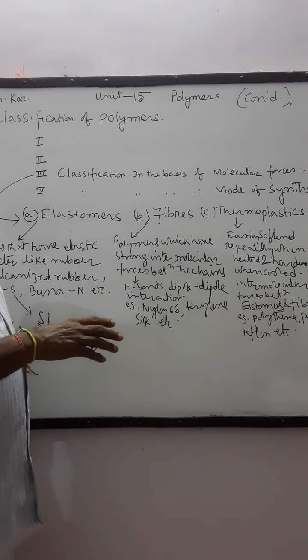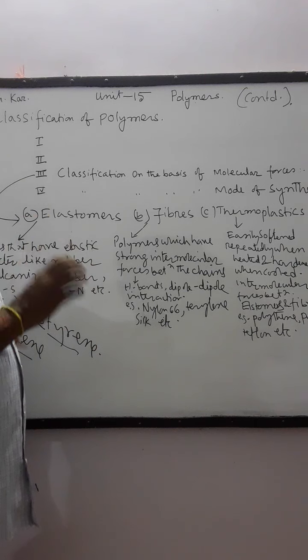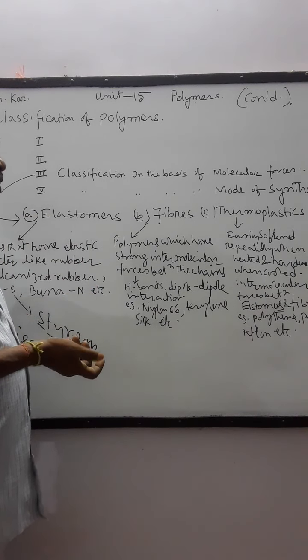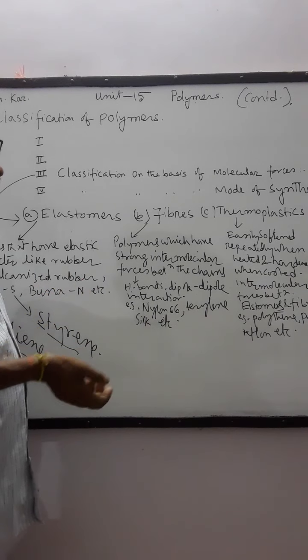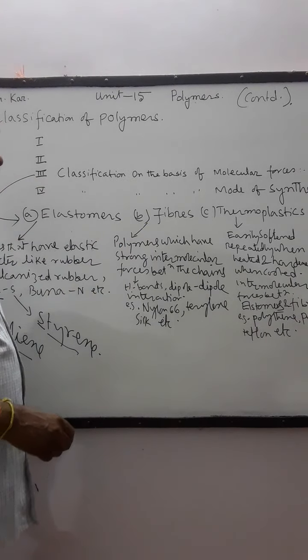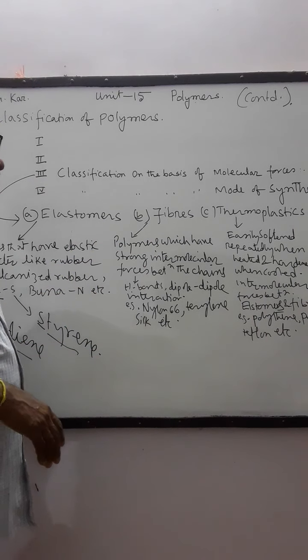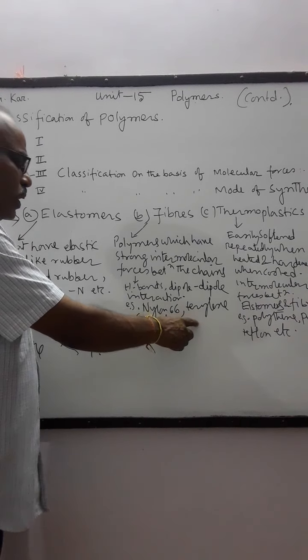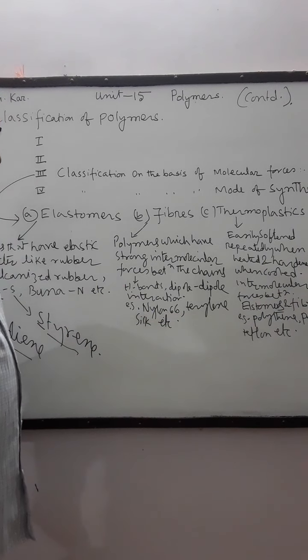If any polymer has strong intermolecular forces between the chains in the form of hydrogen bonding or dipole-dipole interaction, then such polymers are called fibers. There are different fibers available. Examples are nylon 6,6, terylene, and also silk.